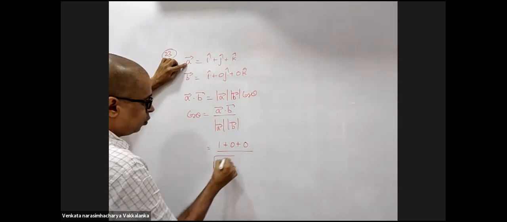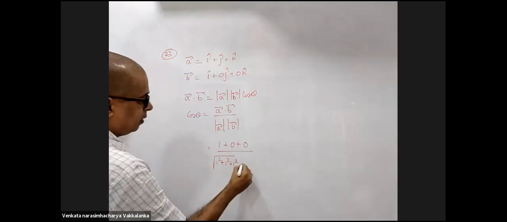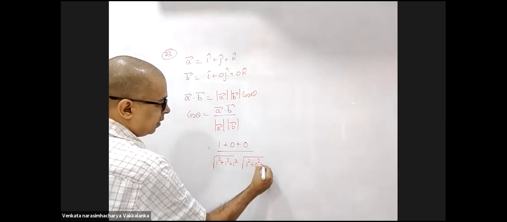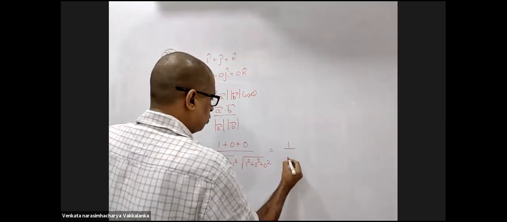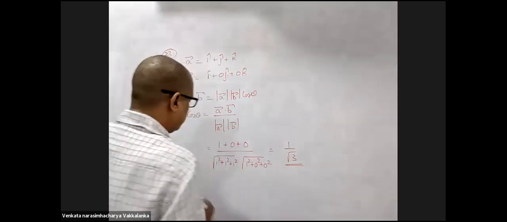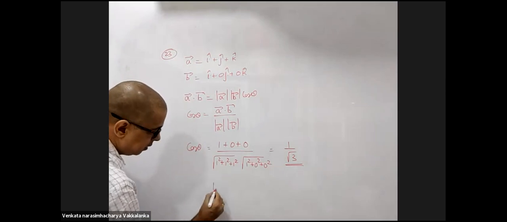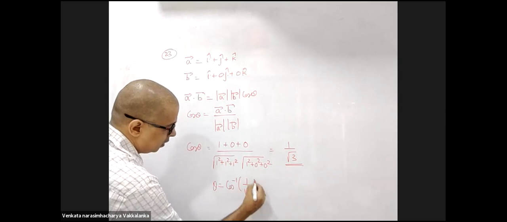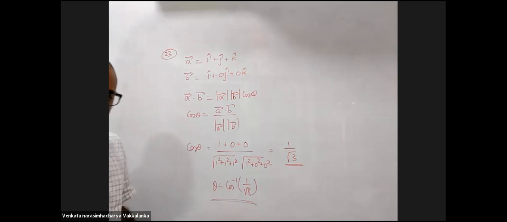Magnitude of A is root over 1 square plus 1 square plus 1 square. Magnitude of B is root over 1 square plus 0 square plus 0 square. Cos theta is 1 by root 3. Theta is cos inverse 1 by root 3. That's the way you write theta.